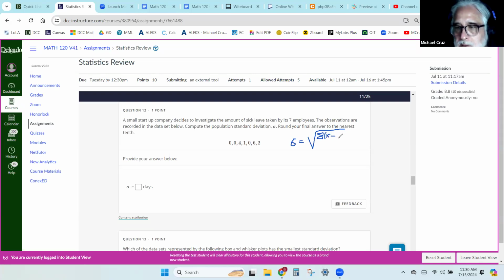So it's x minus the mean, all squared. Then we sum those up, and then we're dividing by n. 1, 2, 3, 4, 5, 6, 7. So n is equal to 7.